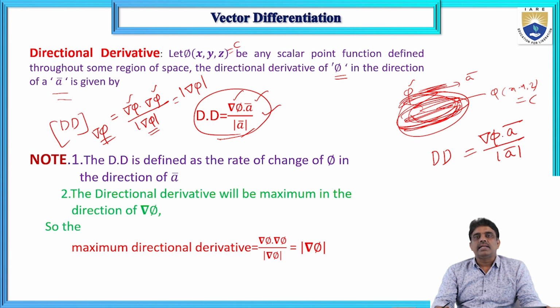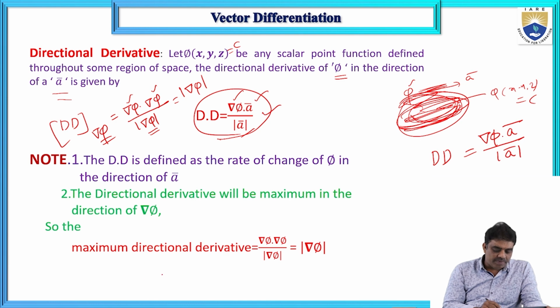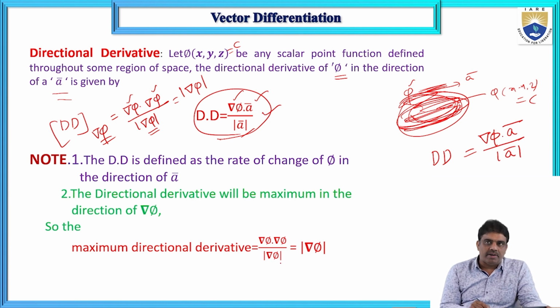It can be obtained using grad phi dot a bar by magnitude of a bar. And the directional derivative will be maximum in the direction of grad phi. So the maximum directional derivative is grad phi dot grad phi by magnitude of grad phi, which is equal to the magnitude of grad phi.